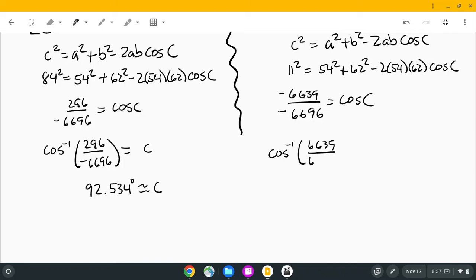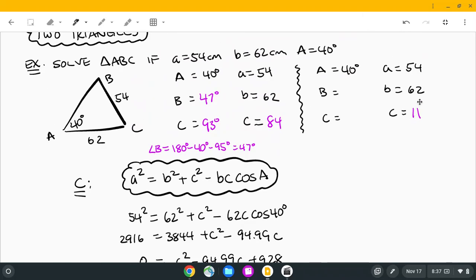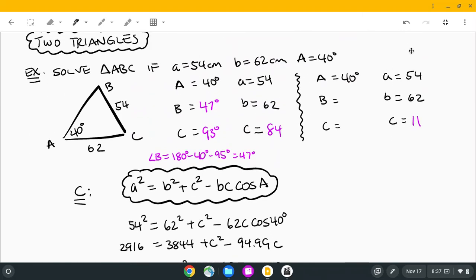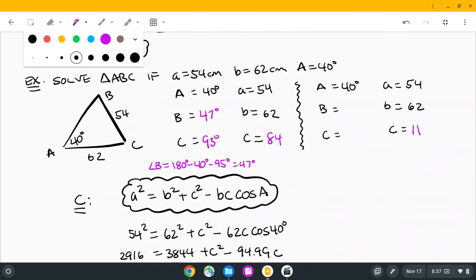The double negative becomes positive, and that gives us roughly C equals 7.481. Again, I believe we need just the one digit, so C is 7 degrees.